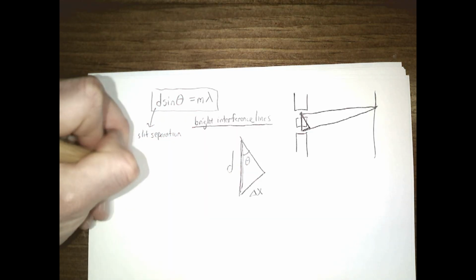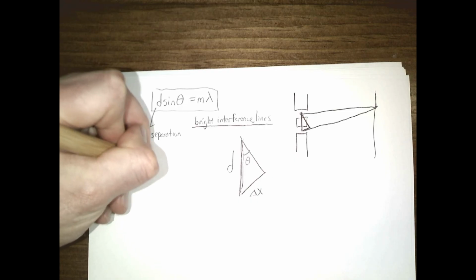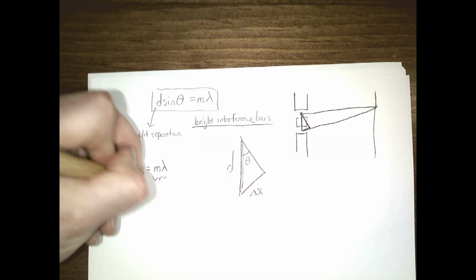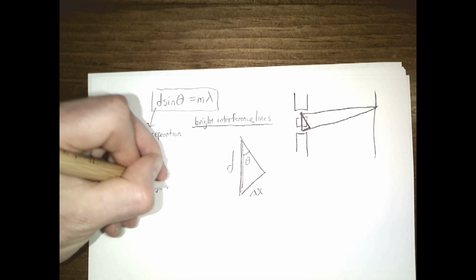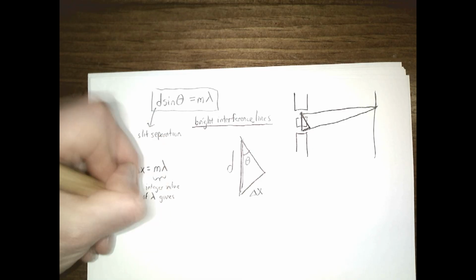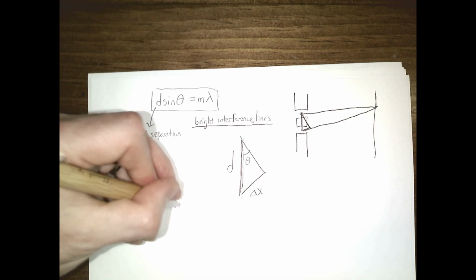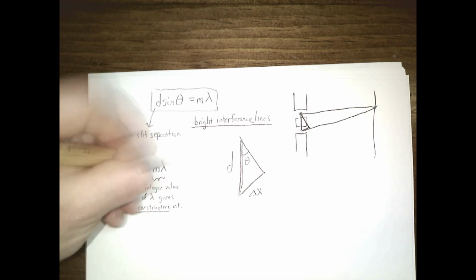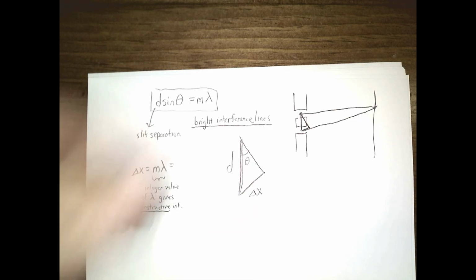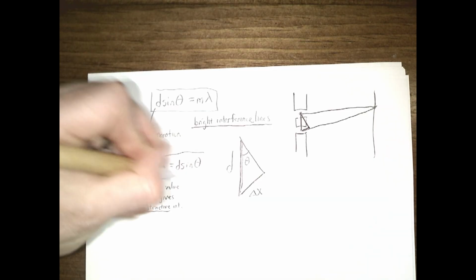We set delta x equal to the constructive interference criterion, where they just differ by a single integer value. An integer value of wavelength gives constructive interference. And then we solve this triangle. Delta x is equal to d sine theta. And that's where this comes from.